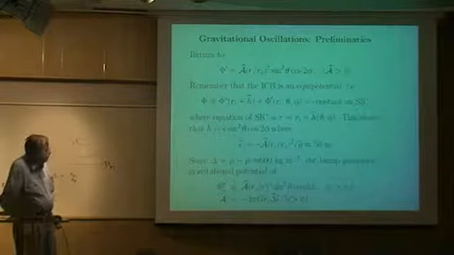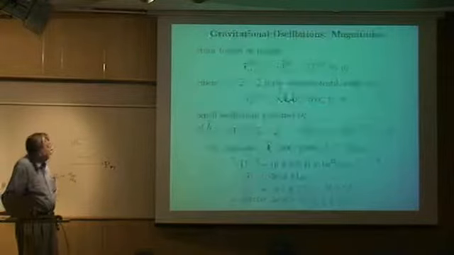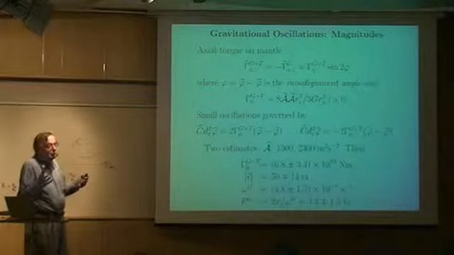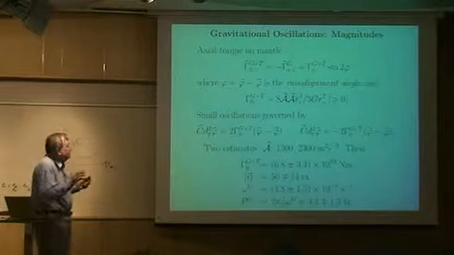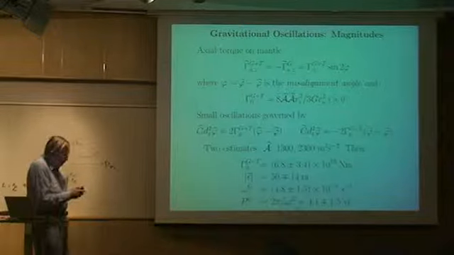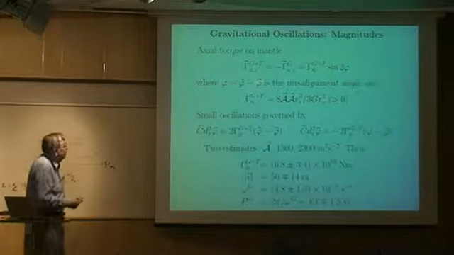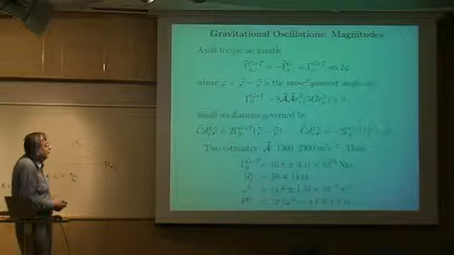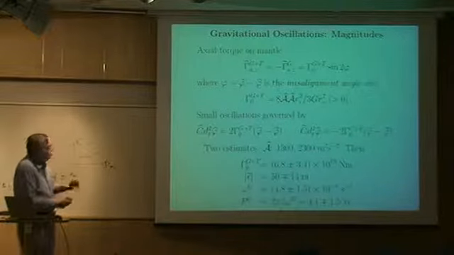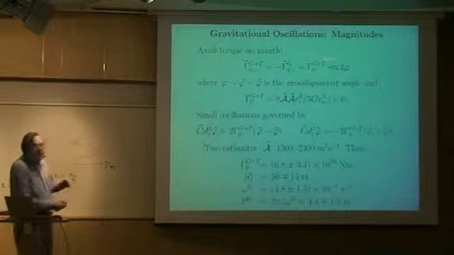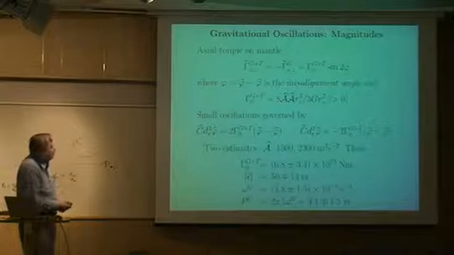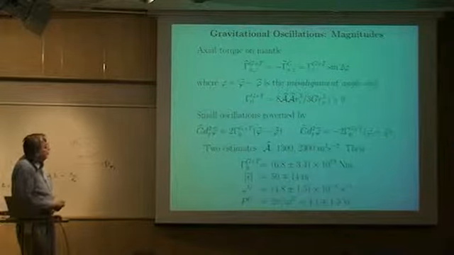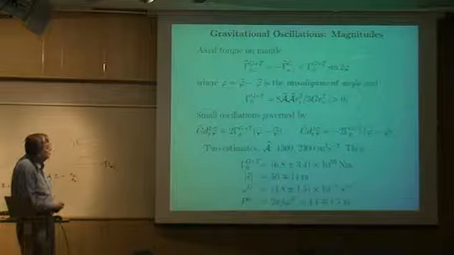Buffett was very smart to notice this, that you can work out the torque now. You've now got your bumpy inner core, you've got your mantle, and you can work out the torque between them in a very precise way. Here it is. It depends on this angle, that's the misalignment angle again. So it goes to zero when you're in equilibrium, and when you deviate from equilibrium, you get this restoring torque.